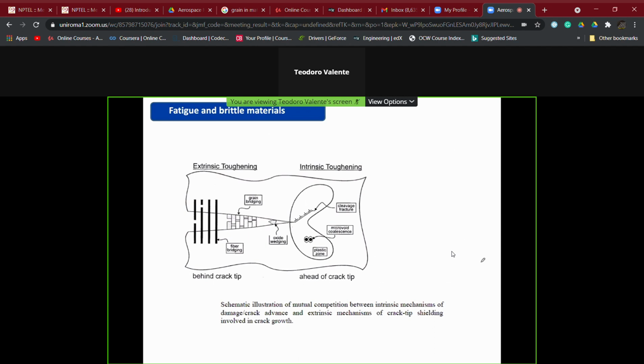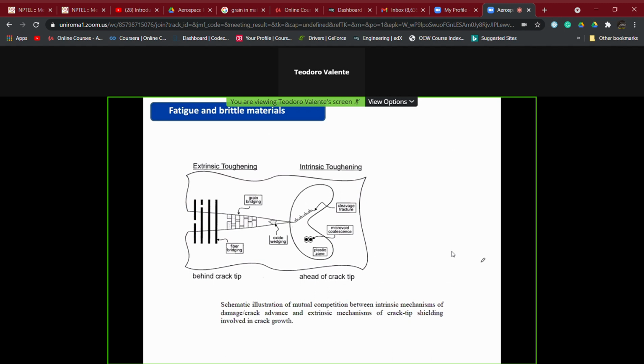This is an example, by a picture, of extrinsic and intrinsic mechanisms, for example by referring to toughening, as we have already discussed, when we saw the behavior in terms of crack propagation qualitatively for ceramic matrix composites.